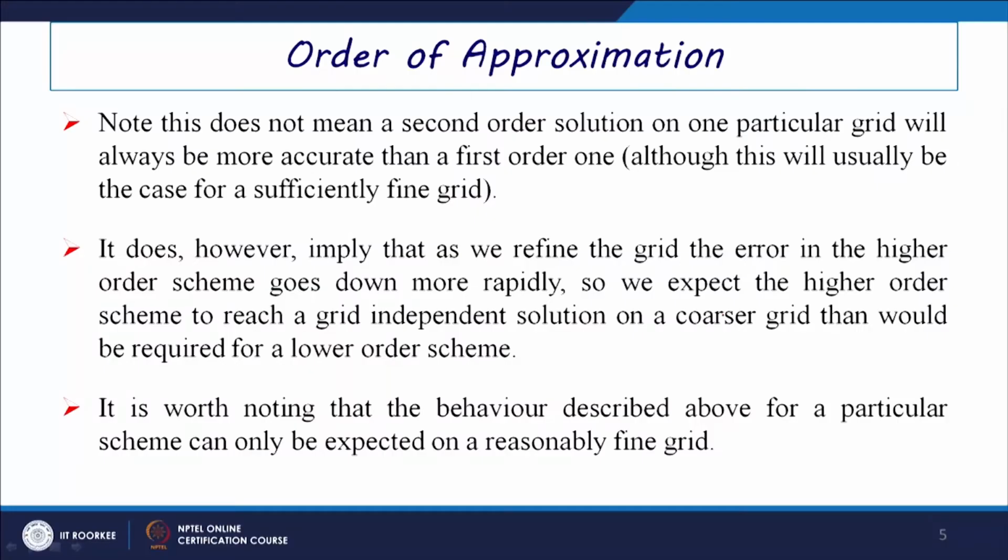This means it may take some time to reach that level. It is worth noting that the behavior described above for a particular scheme can only be expected on a reasonably fine grid. From this we observe that a fine grid gives us the best approximated solutions.